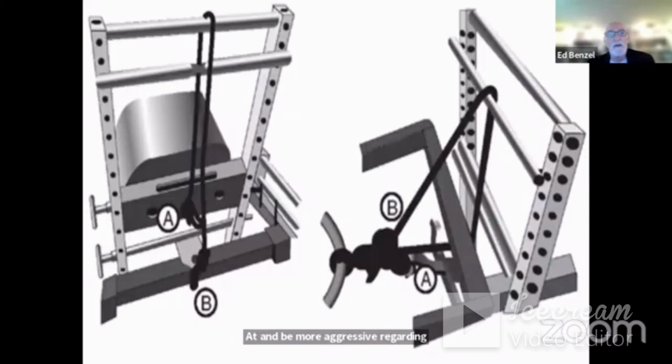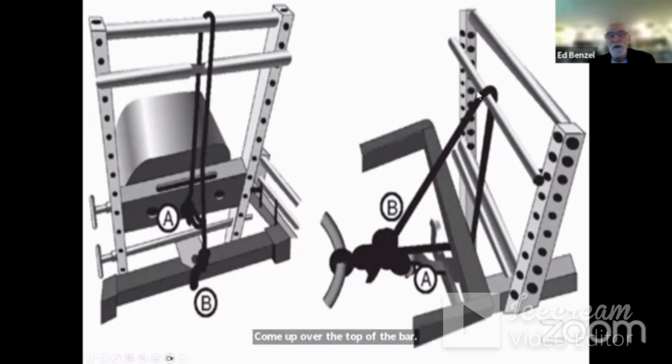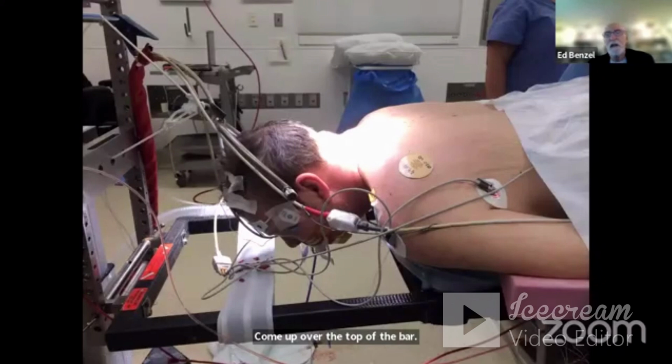A way to help with this is to use a frame that may have ropes coming off. And if you have the rope, which is attached to a Gardner-Wells tong, come up over the top of the bar, you can pull the patient into extension like this.